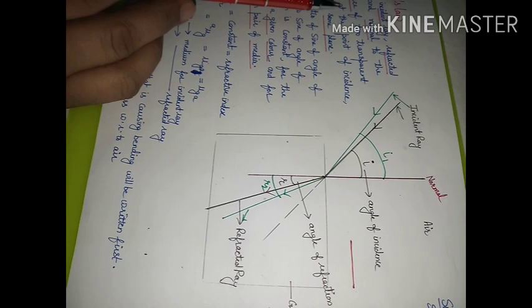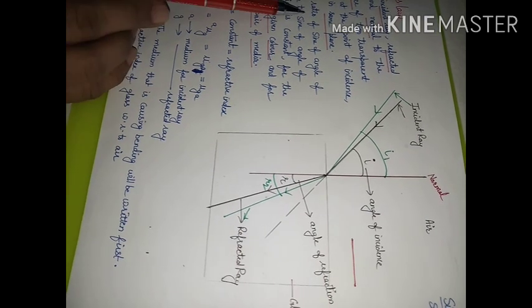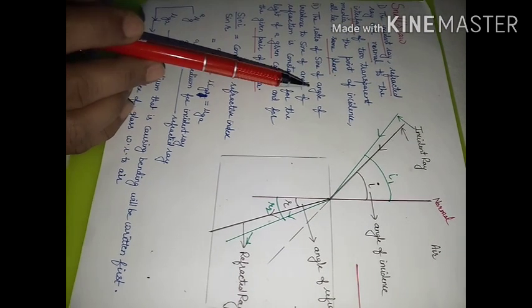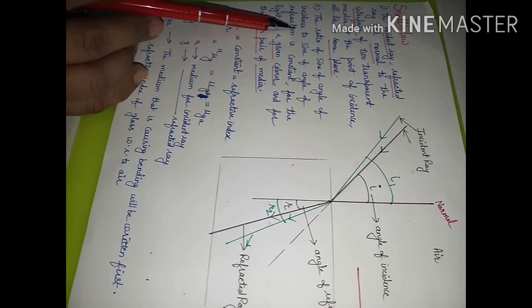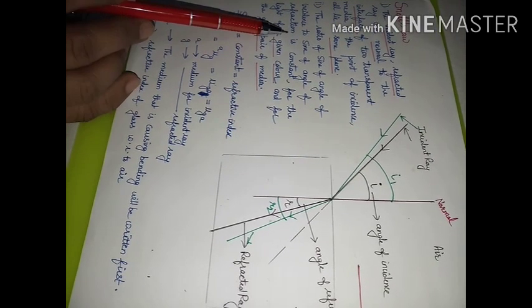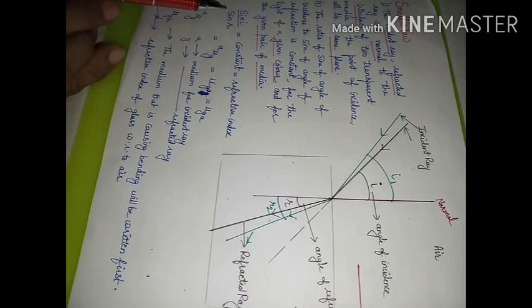Let us come to Snell's second law. The ratio of sine of angle of incidence to sine of angle of refraction. Ratio means like this.